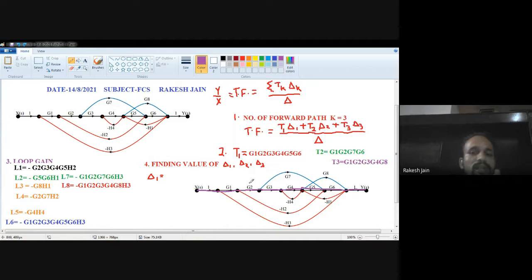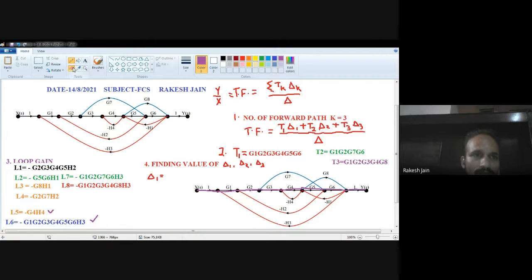G2 is on this line, so it is also touching. The fifth is G4, H4. G4 is on the first forward path, so it is not non-touching. The sixth consists of G1, G2, G3, G4, G5, G6, all on the first forward path, so it is not non-touching.